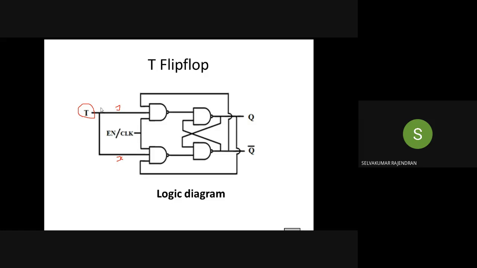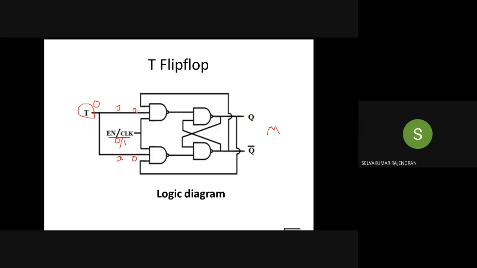When the clock is disabled, definitely it goes to memory state, irrespective of the input applied on T. When the clock is enabled by logic 1, then if you are applying logic 0 on the input line T, J and K get 0, 0.